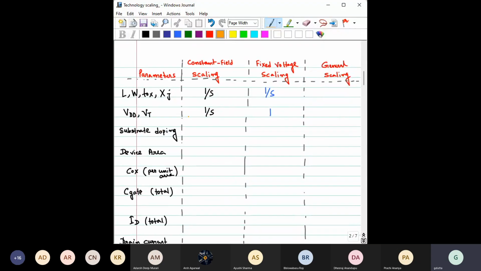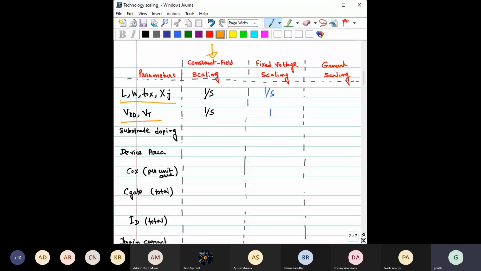So they have proposed a couple of things. The first thing they proposed is called constant field scaling. In constant field scaling, we will make the field constant. See here, we first consider these parameters: L, W, T_ox, X_J.